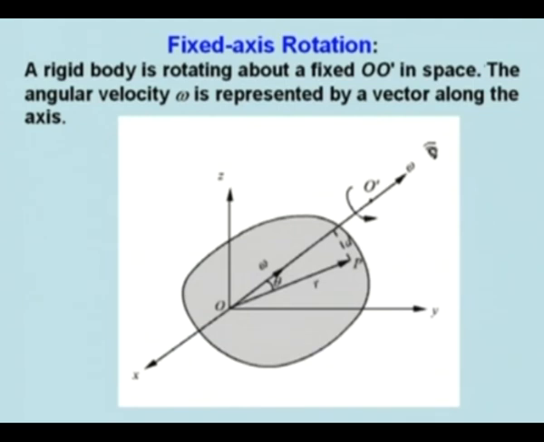And if the body were rotating clockwise, then the angular velocity vector would be directed away from you, in the opposite direction.